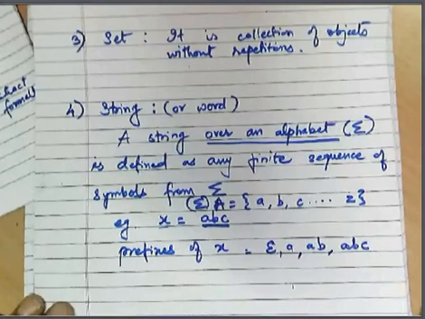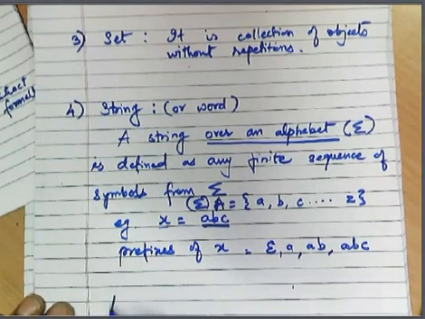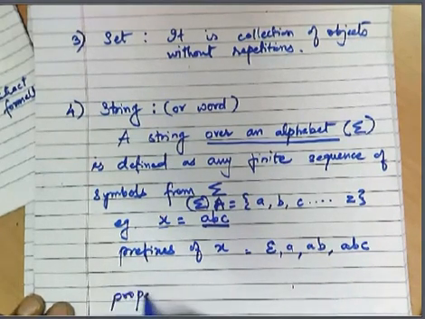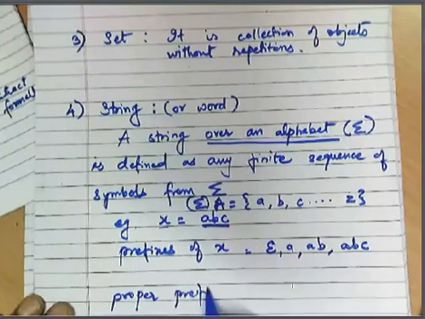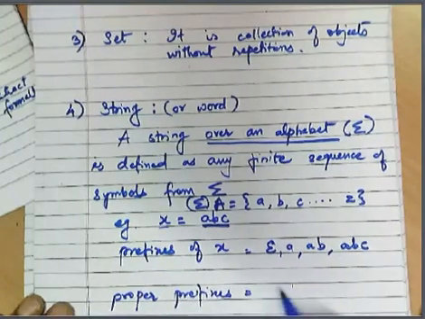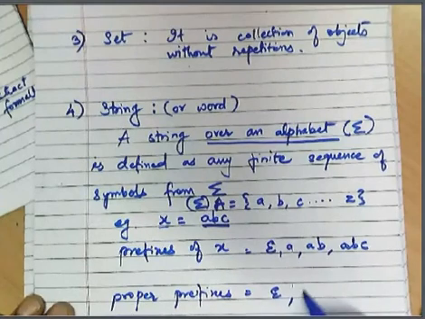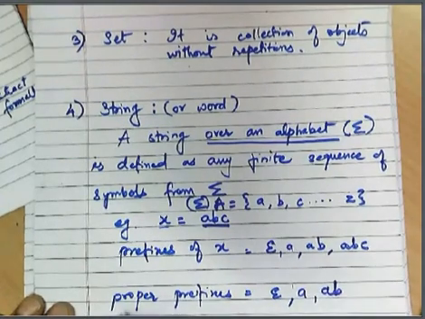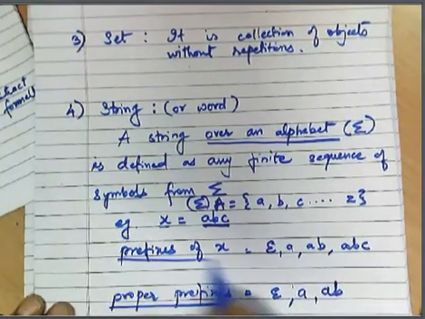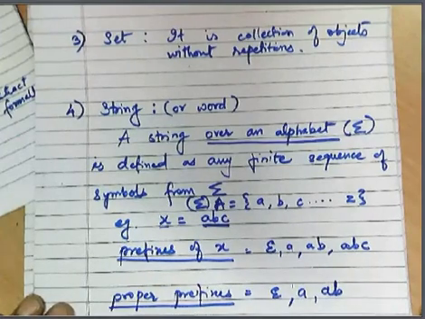All are the prefixes of the string ABC, and the proper prefixes will be the empty string, A and AB.